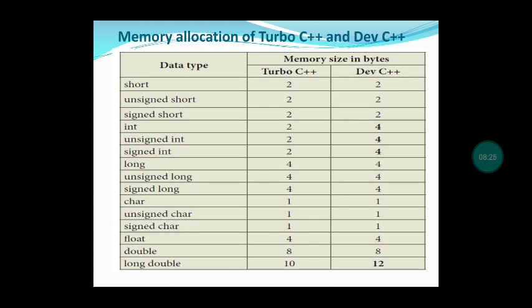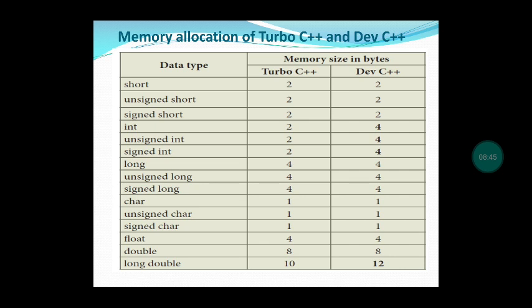Next, let us see the difference between the memory allocation for Turbo C++ and Dev C++. Earlier, we have used Turbo C++, but in your syllabus, we are going to use only Dev C++. Here, they have given the memory size in bytes.